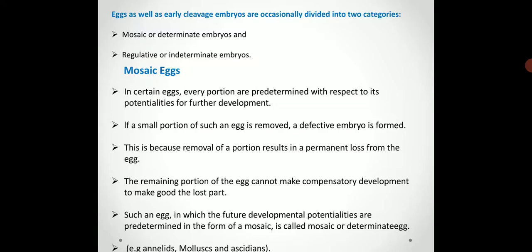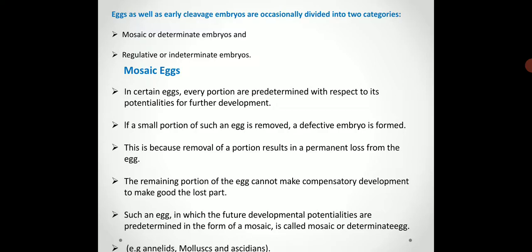In that case, if you remove a small portion of such an egg, a defective embryo will be formed. This is because the removal of a portion results in a permanent loss from the egg. Whatever the remaining portion of the egg, it cannot compensate for the development of the lost part.